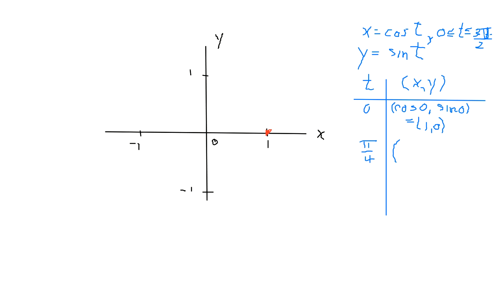We would have the cosine of pi over 4 and the sine of pi over 4. What's the cosine of 45 degrees?